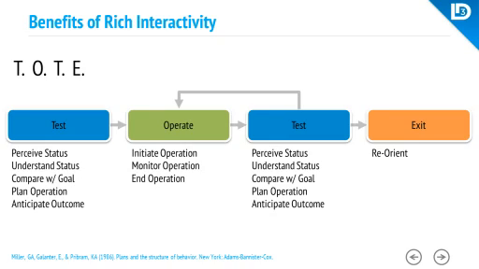I know that I want to find out about a tourist trip to Peru or something. And comparing the status with that goal, I see that there needs to be something to be done. I plan my operation. Now, that operation can be to follow along.